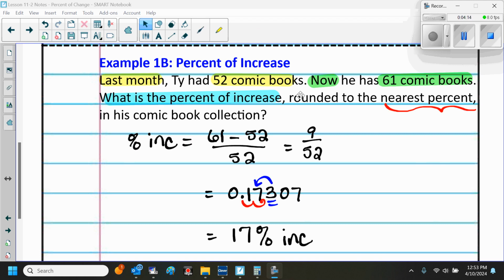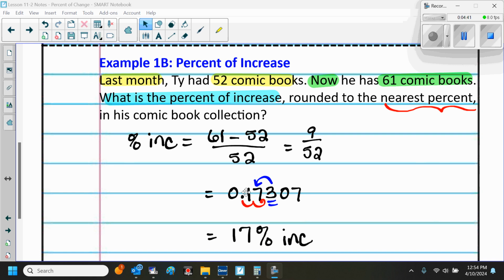All right, so here, the original is 52 comic books. The new one is 61 comic books, and so if we're going from 52 to 61, that's a percent increase. Now, also, you guys, please pay attention. This tells you to round to the nearest percent, okay? So here we subtract the big minus the little and divide by the original, which is 52.